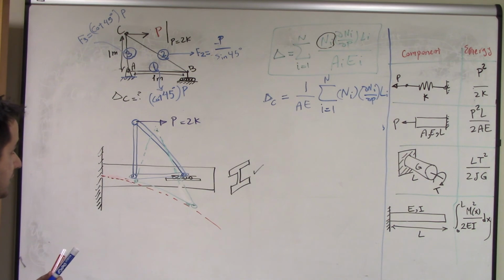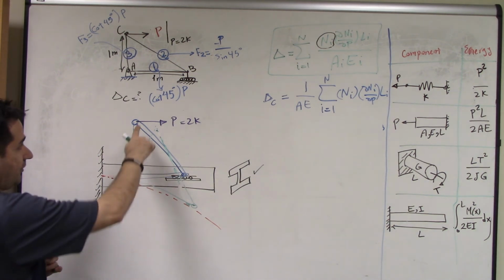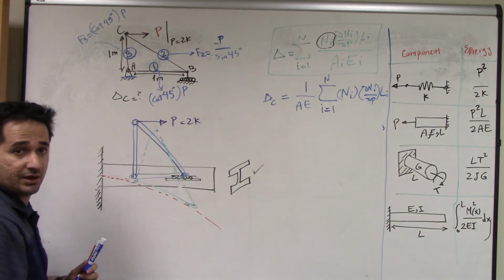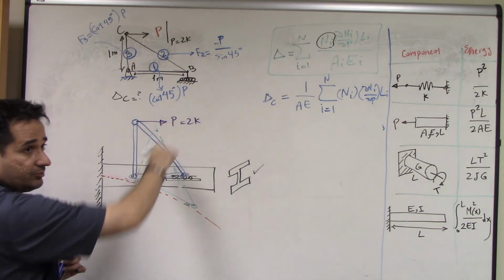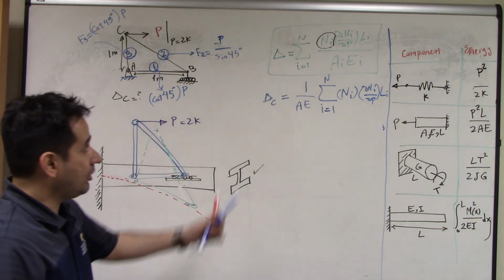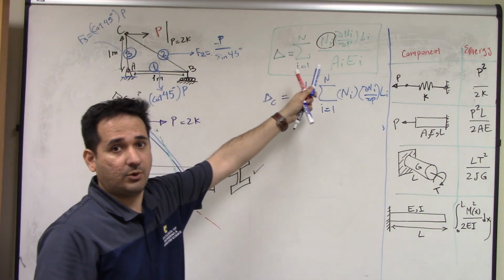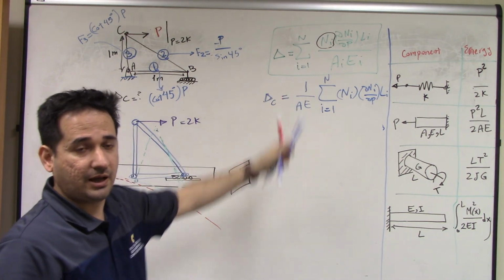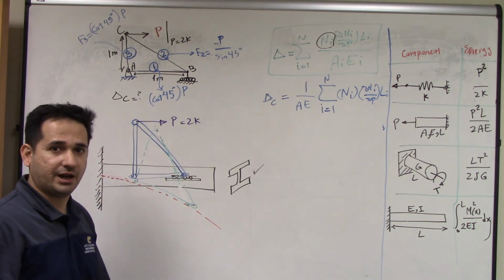You have both X and Y deflection. It's a two-dimensional deflection. Now, if I ask you to find the deflection only in X, and you have variable P, which at the end you make it 2K, then what should we do? Well, obviously this formula is only for bars only. Now, we can start from scratch.